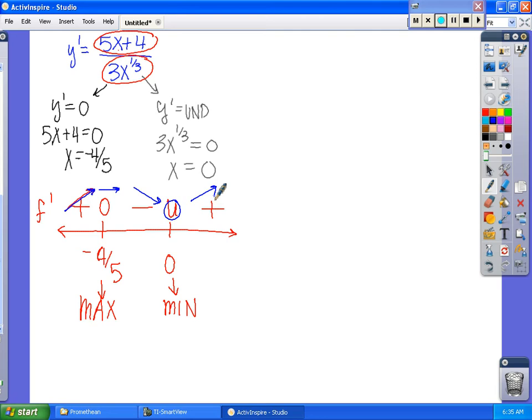Just by looking at my arrows, I can tell that this is going to be a local max and a local min. That's something that I don't think for this problem you would necessarily have to understand. So we have our local max at -4/5, and we have our local min at 0.